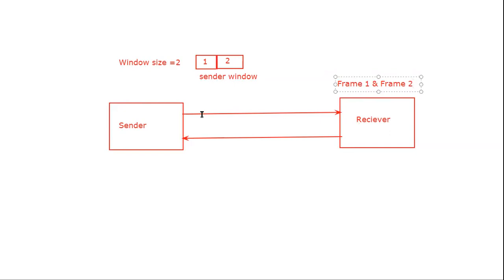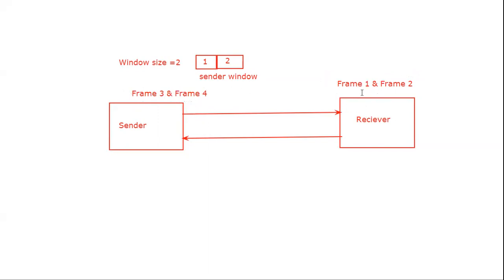At the same time, can the sender send the next frame? Yes, the sender can send the next frames. Here I can write frame 3 and frame 4, he can send together, because the window size is only 2.